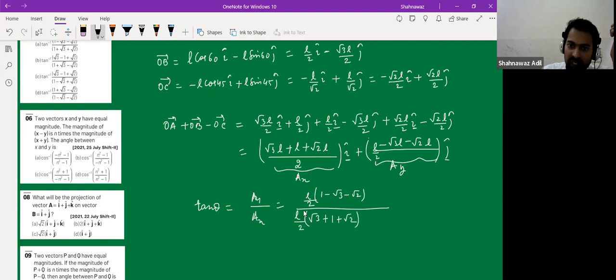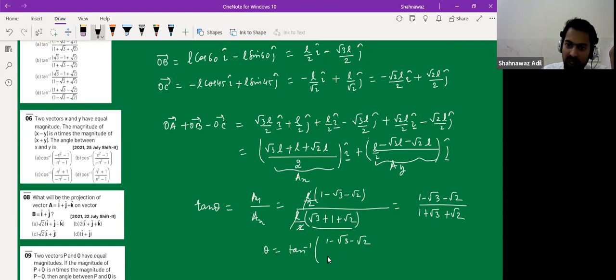So this would be cancelled. We are left with 1 minus root 3 minus root 2, and we can rearrange this. So theta would be 1 minus root 3 minus root 2 over the other.